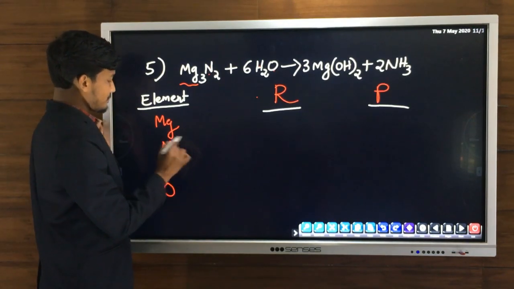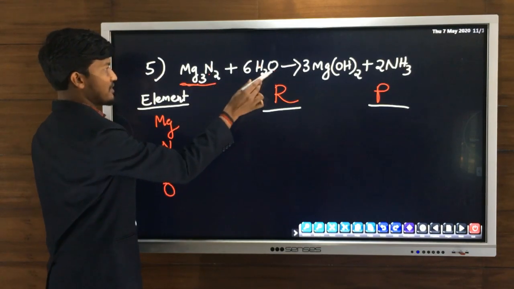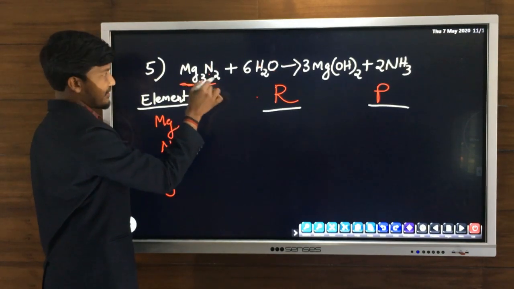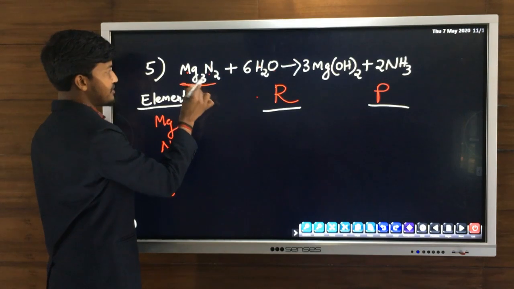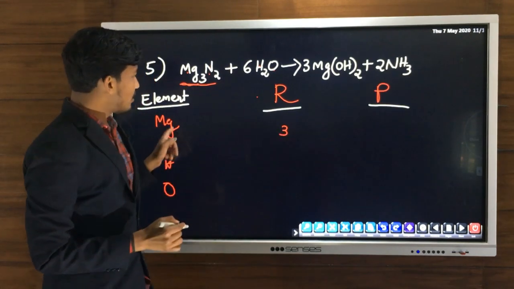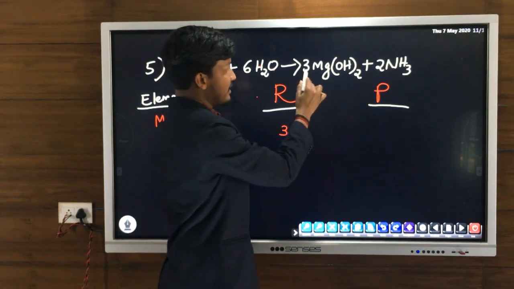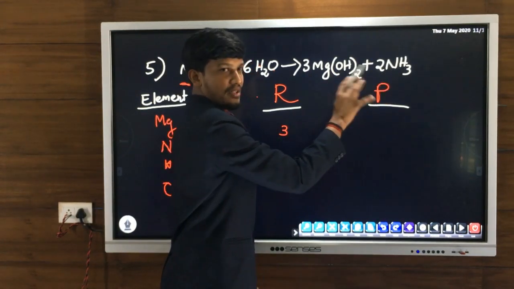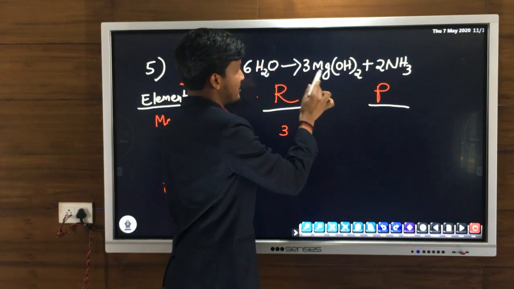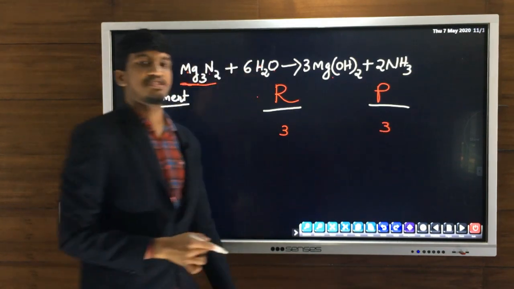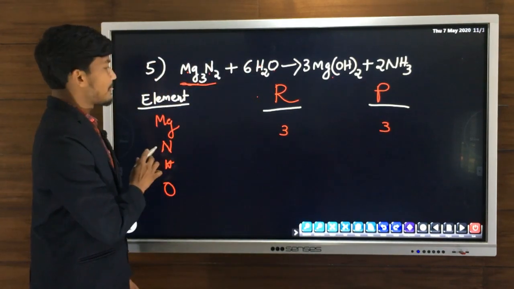First of all, Mg. In Mg3N2 + 6H2O, Mg is only in the first reactant, so the number of Mg atoms is 3. On the right side, Mg is in the first compound, Mg(OH)2, and there is no Mg in the other. So magnesium atoms: 3 into 1, 3 Mg atoms.